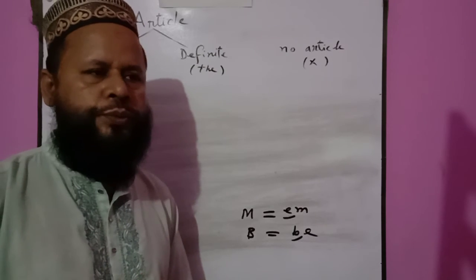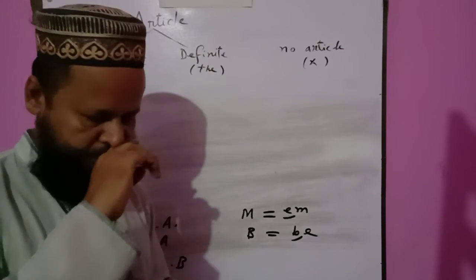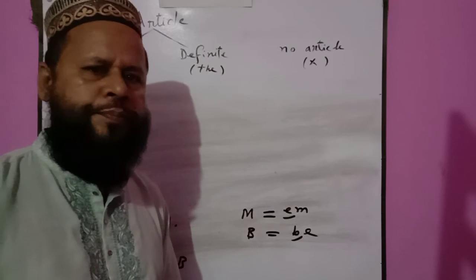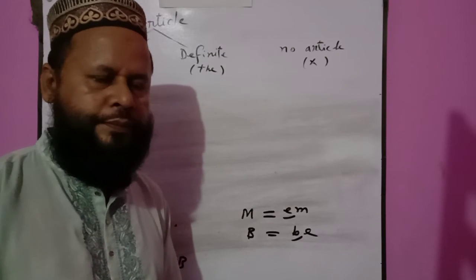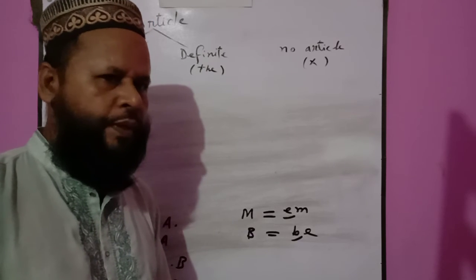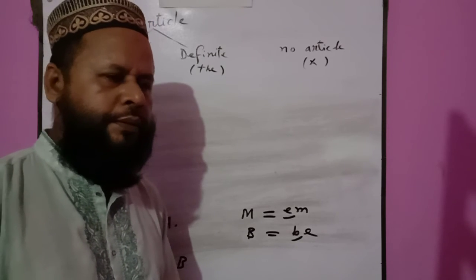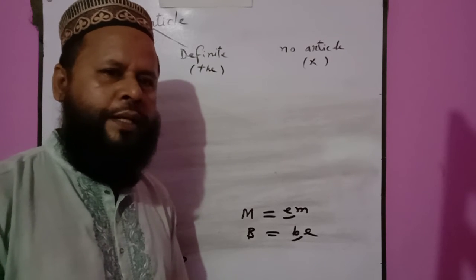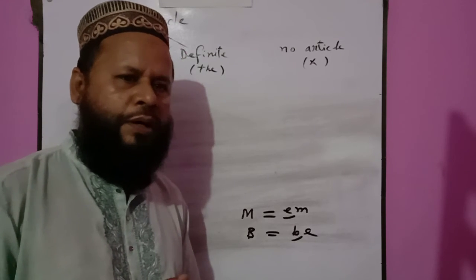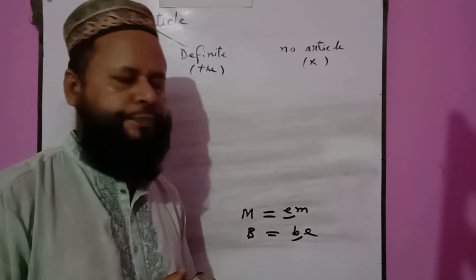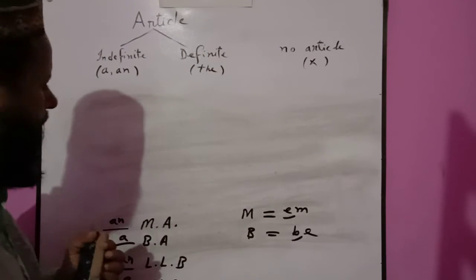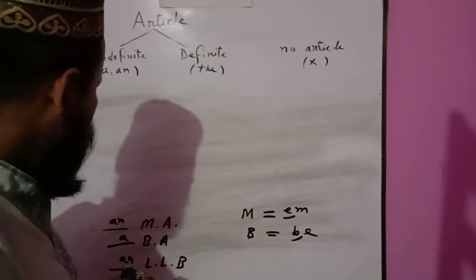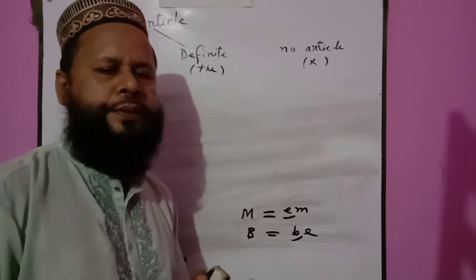In rule 2, we learned an sits before silent H and a sits before a vowel pronounced as the long sound of U or Y. And in rule 3, we learned article before abbreviation.